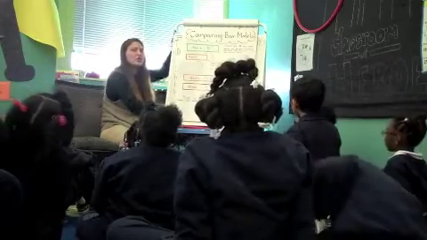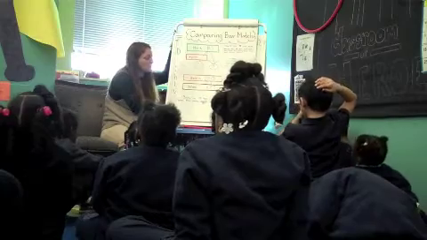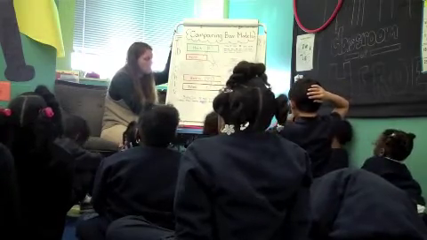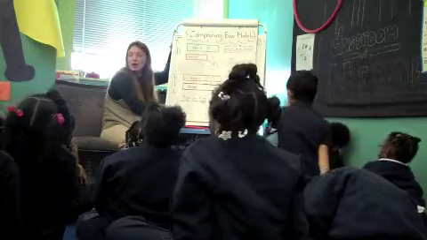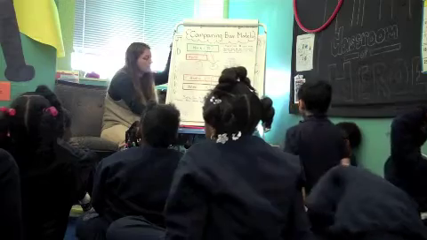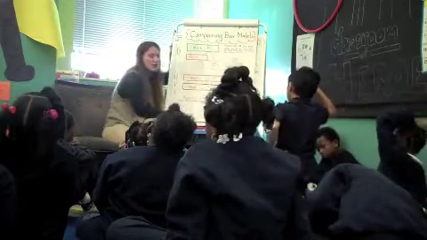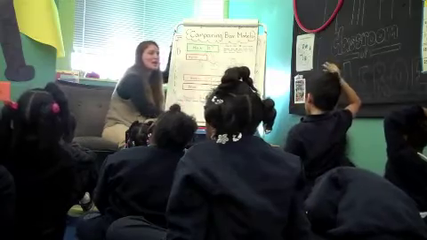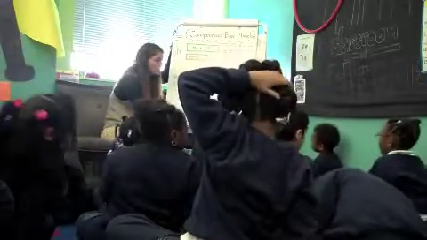So what are the two smaller parts? 60 is a part, and what's the other part? Both lines are going to the question mark. So 60 is a part, and what is the other part that I have? Summer. 94.